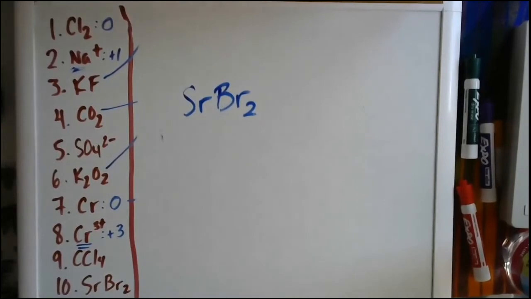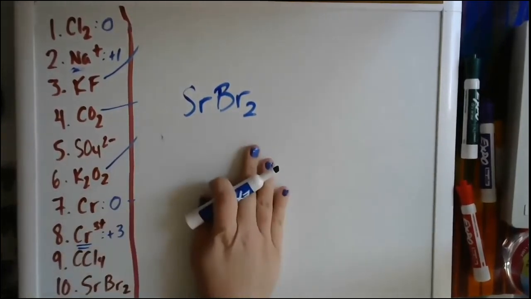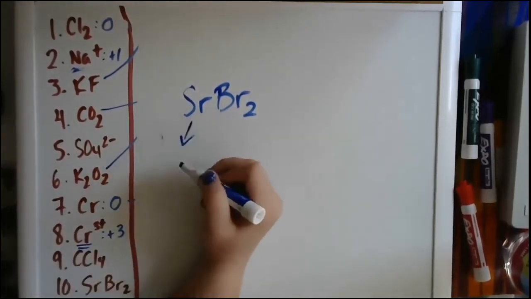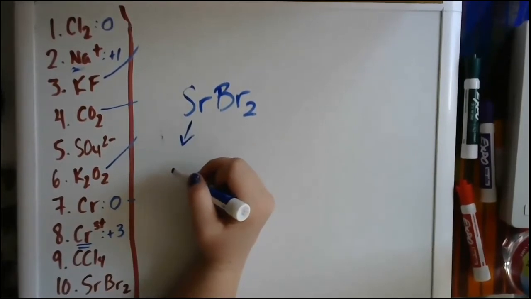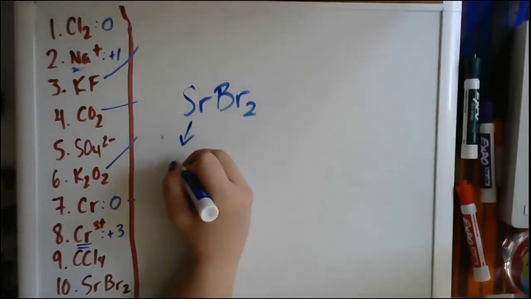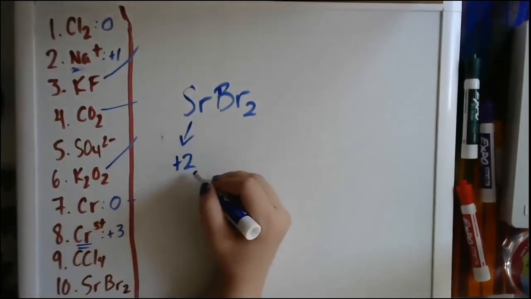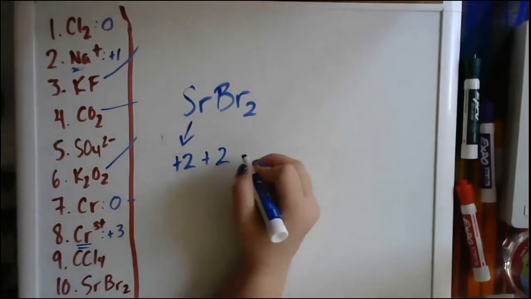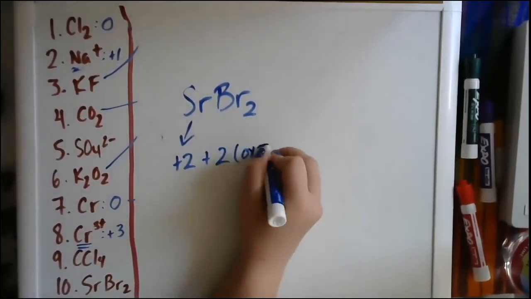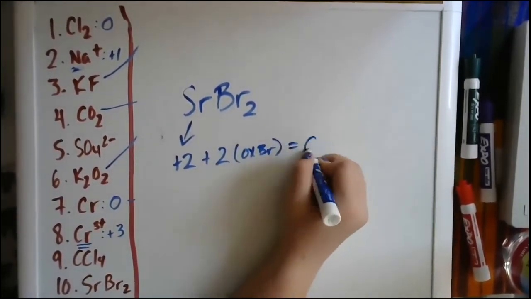Okay. In this case, when we're comparing these two things, we're going to focus on the strontium first because it's a group 2 metal. Group 2 metals are all going to have an oxidation state of +2. So the oxidation state of strontium plus 2 times the oxidation state of bromine is going to equal 0.